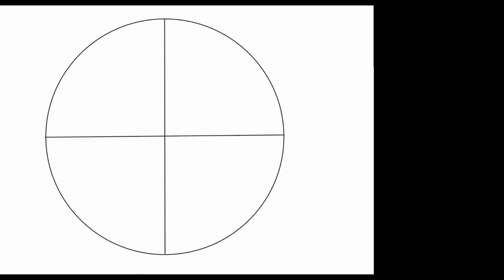All right, let's label first. Start with 0, half pi, pi, 3 pi on 2, and 2 pi.